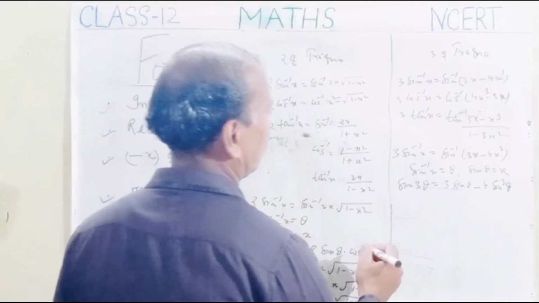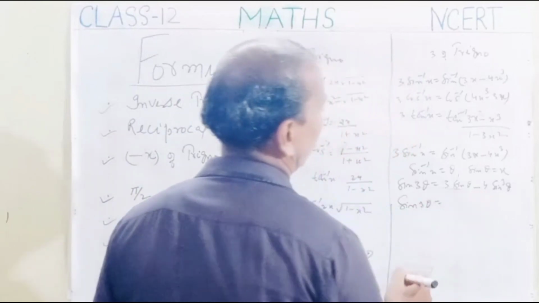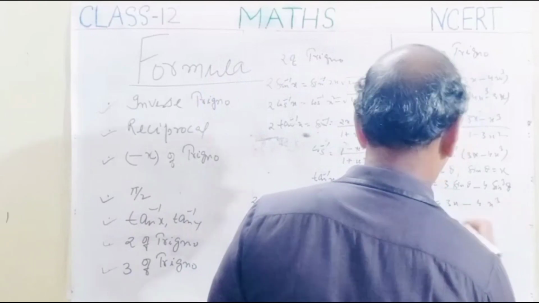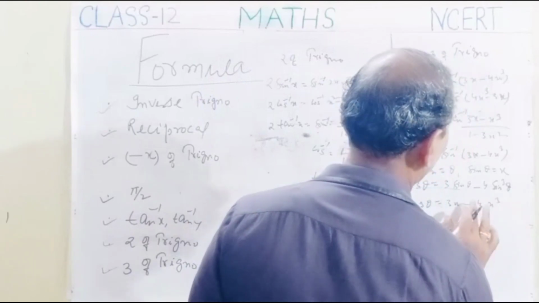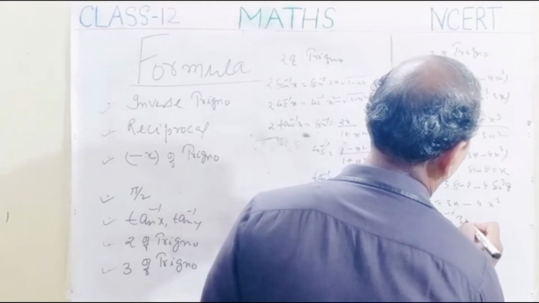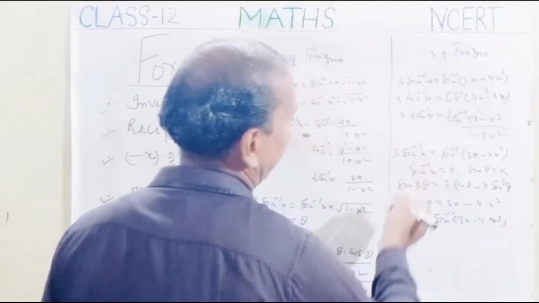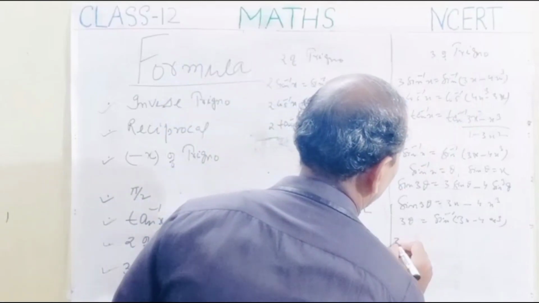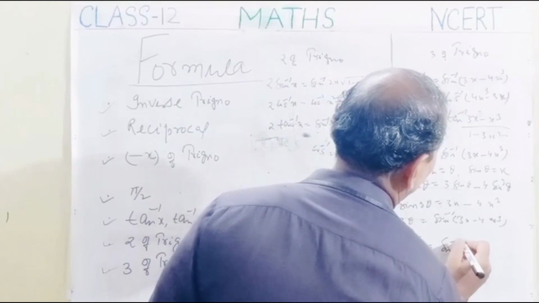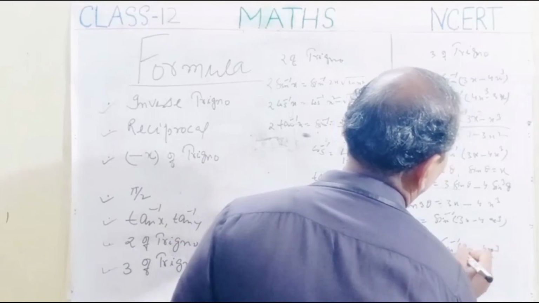I will get sin of 3 theta is equal to 3x minus 4x cube, or 3 theta is equal to sin inverse 3x minus 4x cube. Theta again I can write as sin inverse x. So that means 3 sin inverse x is equal to sin inverse 3x minus 4x cube.